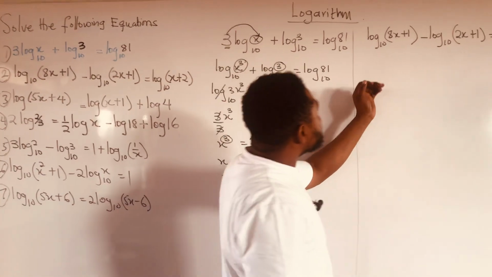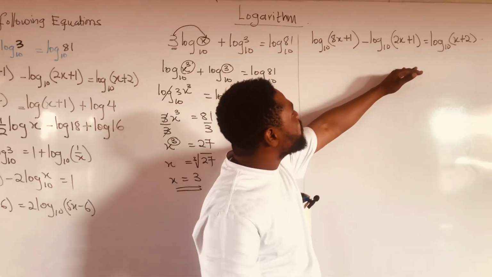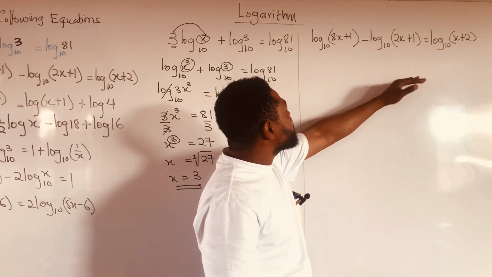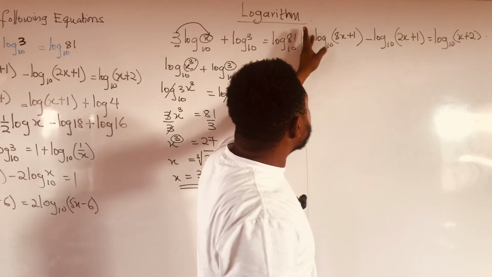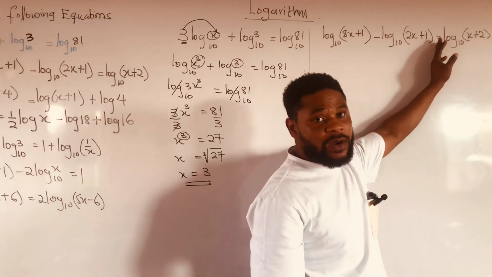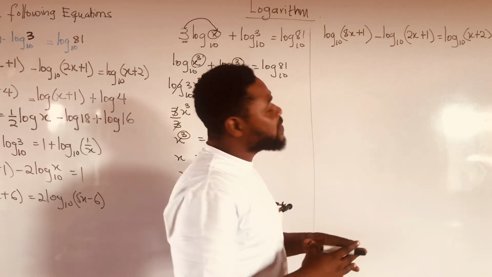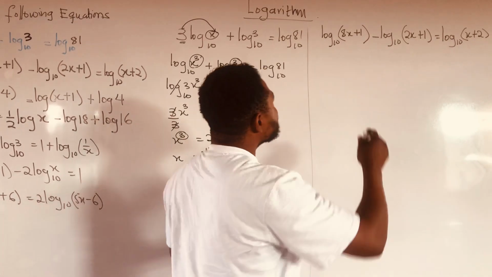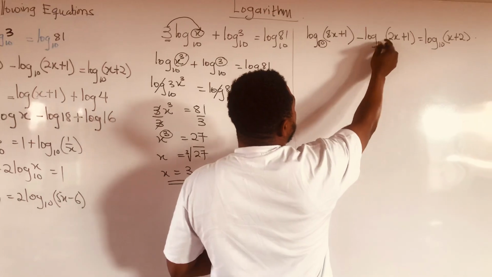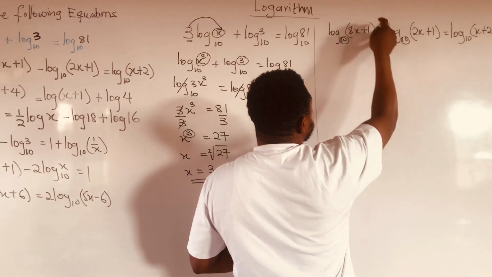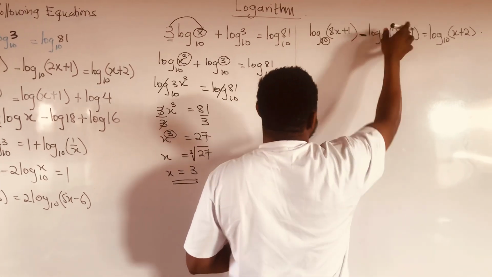Now, let us look at our question 2 here. With question 2, we don't have any number behind the log. So we can go straight with our log. We state that if the bases are the same and they are subtracting, we divide the numbers.